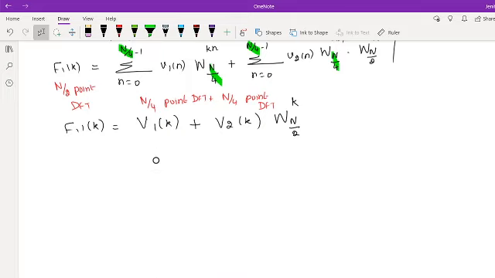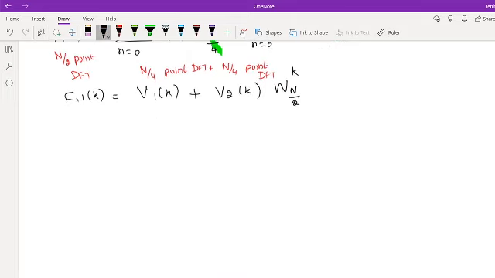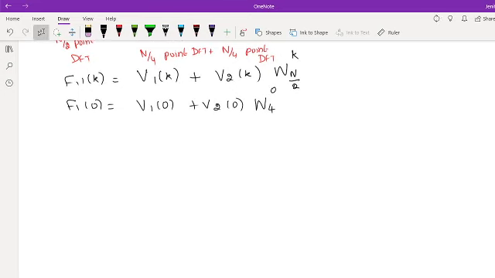First for k equals 0: f1 of 0 is equal to v1 of 0 plus v2 of 0 into W_{8/2}, that is W_4 power 0. Now f1 of 1 is equal to v1 of 1 plus v2 of 1 into W_4 power 1. So k, now being only N by 4 point, that is only a 2 point DFT, can be 0 and 1.